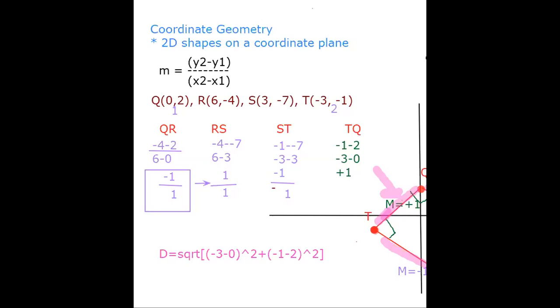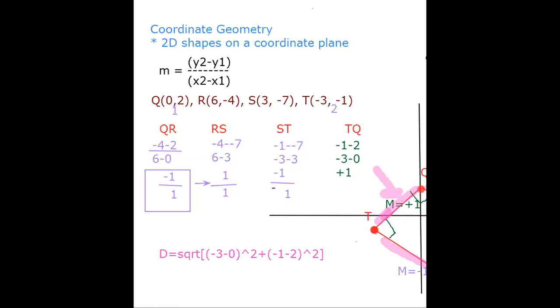Okay. I got 3 root 2. So I have not a negative. I did it wrong. I didn't get my negative. Let's try this again.